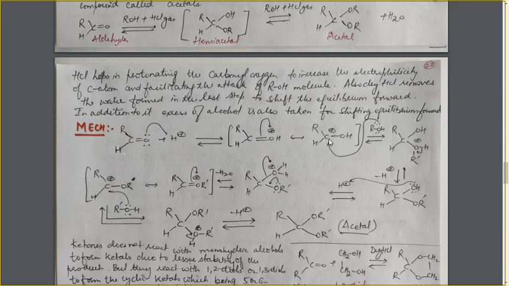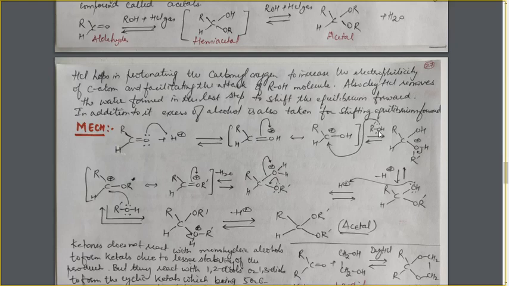Because of this structure, the electron deficiency on the carbon atom increases. Because the oxygen atom is positively charged, it will withdraw electron density from this carbon atom, increasing the positive charge on this carbon atom. And due to the higher electron deficiency on this carbon, the alcohol molecule can easily attack the carbon atom.